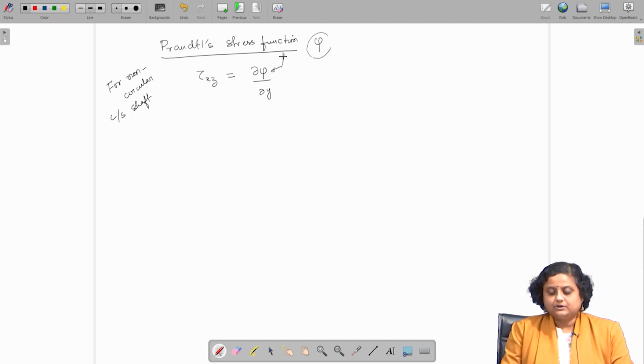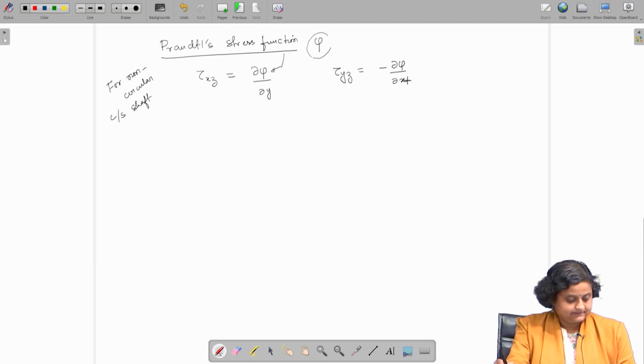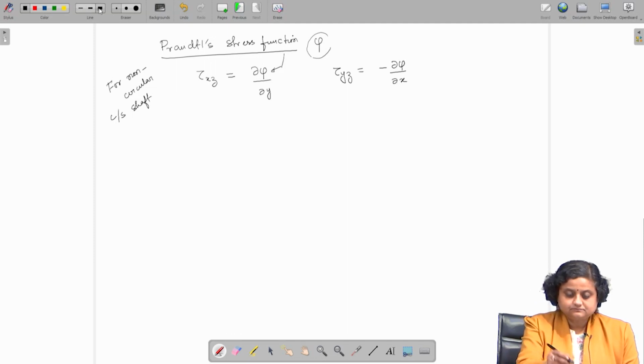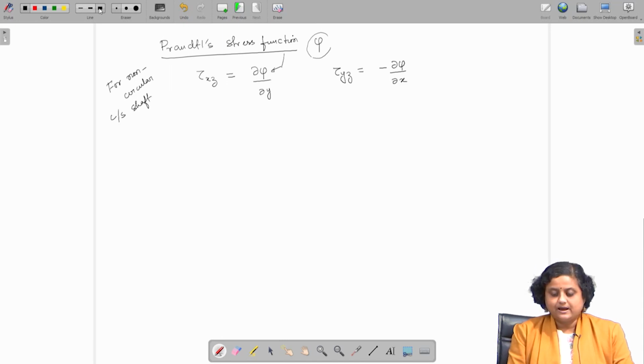Similarly, tau y z, let me define it as minus del phi by del x. So, these are the assumptions that we are making.